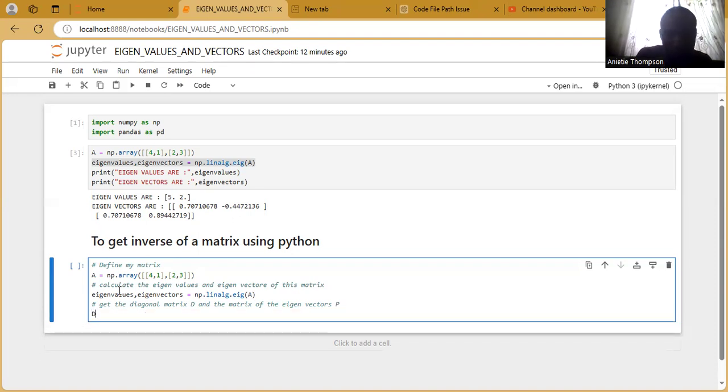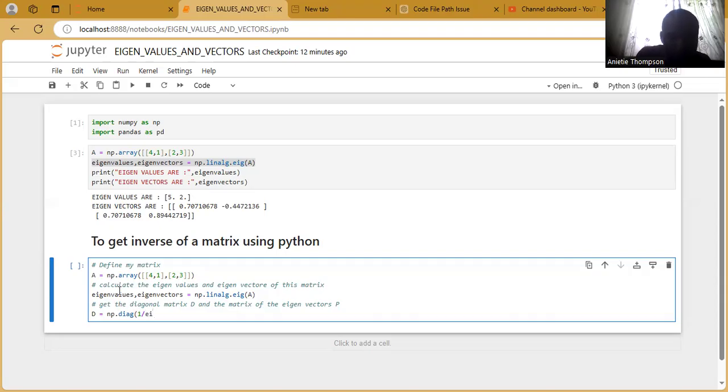I'm going to write D equals, so np, everything here is numpy. If you don't understand numpy, you really have to get that. So diag stands for the diagonal. That is defined by 1 divided by the eigenvalues.